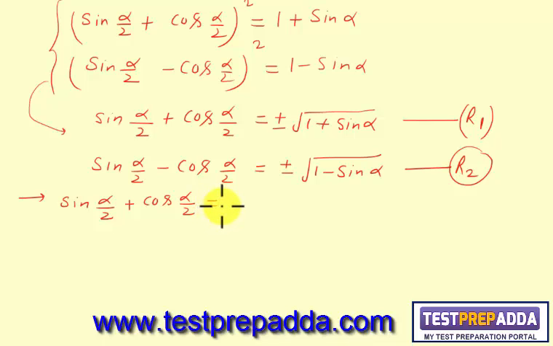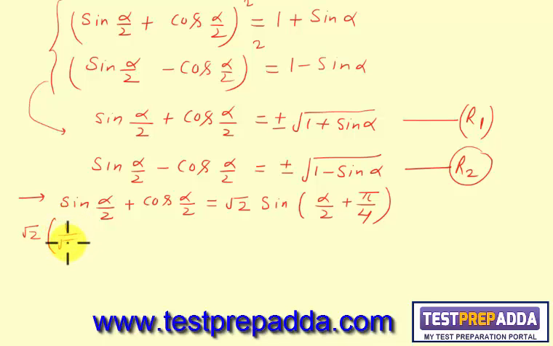I can write this as root 2 sin of alpha by 2 plus pi by 4. How? It's simple. If I multiply and divide with root 2 here, it will be root 2.